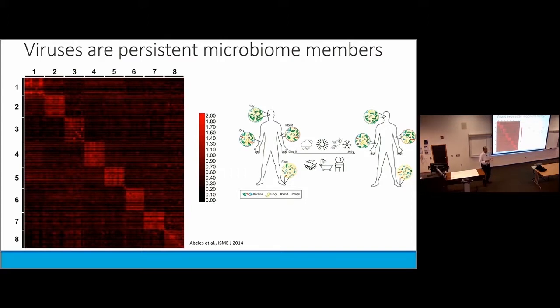The reason we chose saliva is that saliva is very transient. You make it, you swallow it, you spit it out, but usually the same saliva that's in your mouth right now is not going to be the same saliva that's in your mouth at the end of the day. So we thought it would be the perfect sample type to show that viruses were transient.